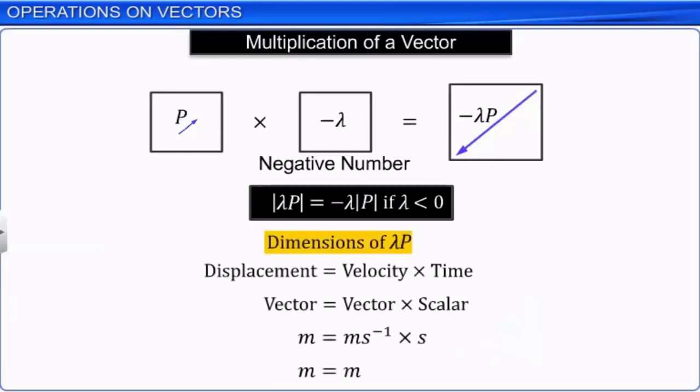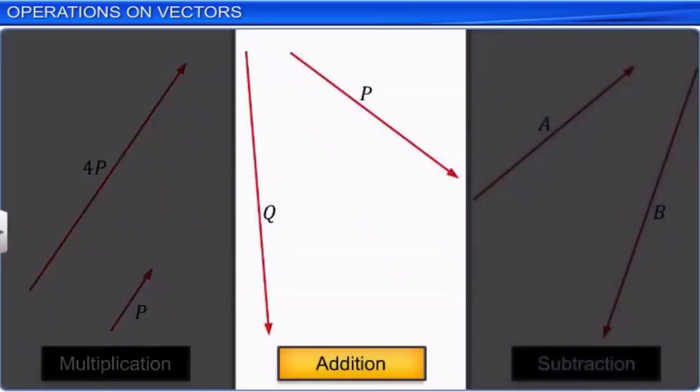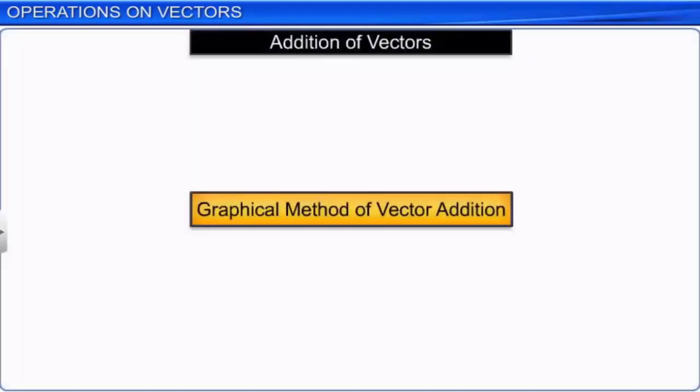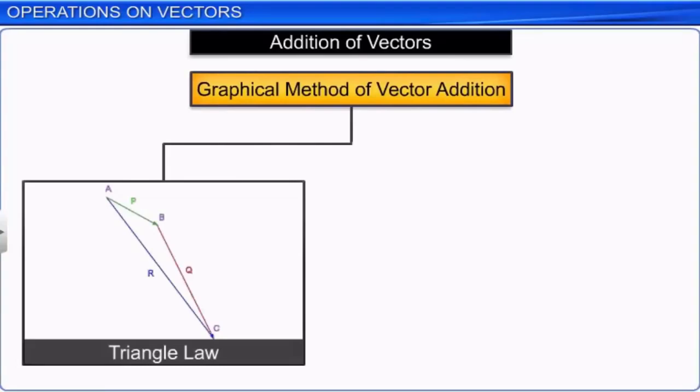Next, you will learn about addition of vectors by the graphical method. In the graphical method of vector addition, either the triangle law of addition or the parallelogram law of addition is used. Now let us add two vectors by the triangle law of addition.